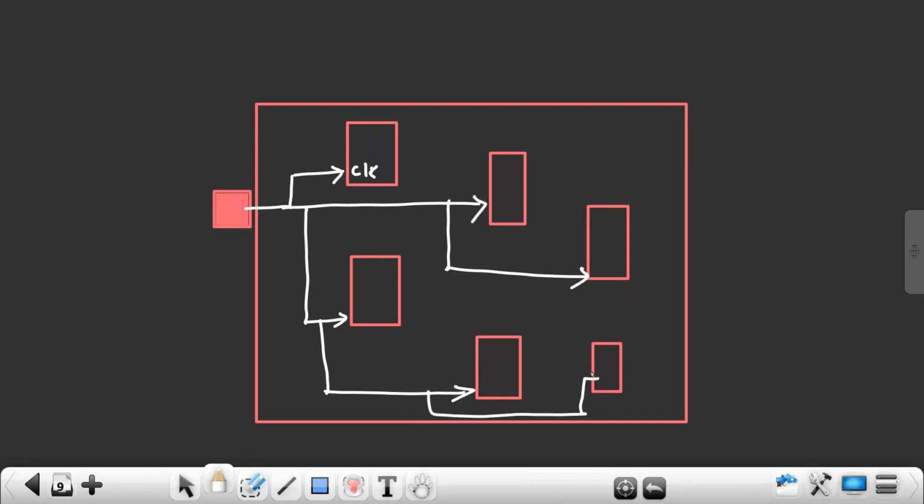Now, every flip-flop has its own pin capacitance. Because if you see your MOSFET diagram, it has source and drain, there are negative charge carriers in the channel, and it has silicon dioxide. On top of the silicon dioxide, you have the gate, and the gate is positively charged.